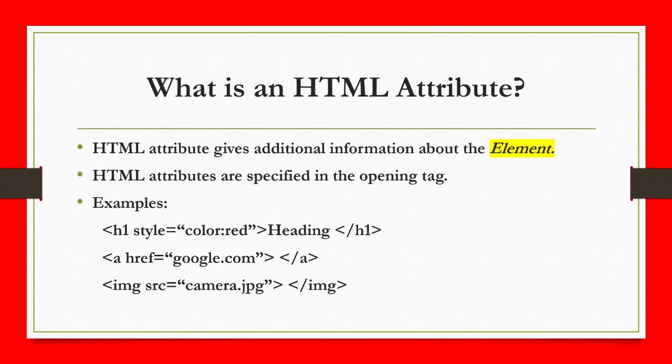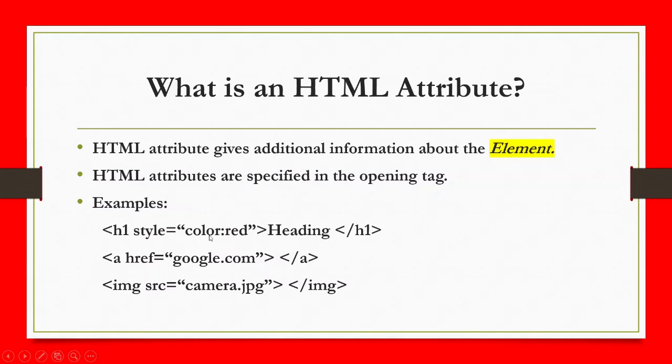HTML attributes are specified in the opening tag. For example, you can specify some additional information about the heading. H1, for instance, you can say the style. We'll be learning this when we start the CSS part of the course.